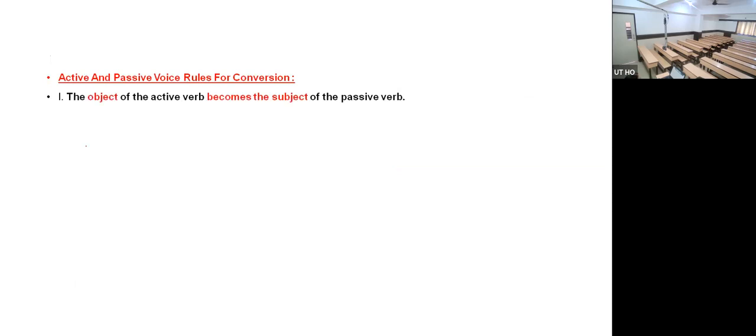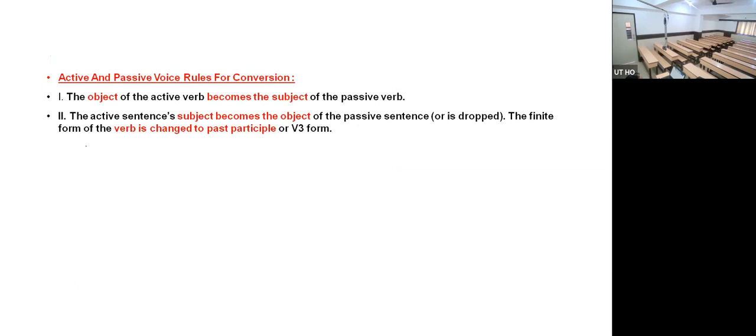So there are some rules that we could follow or take note of for conversion of active to passive. The object of the active verb will become the subject in the passive sentence. The subject of the active voice sentence will become the object.